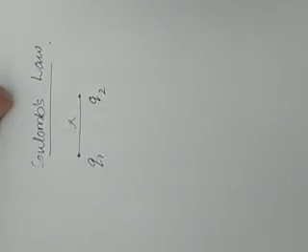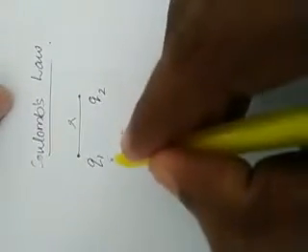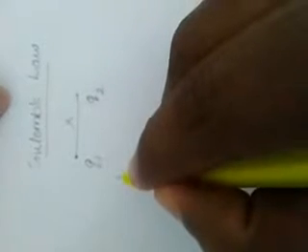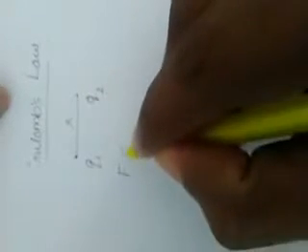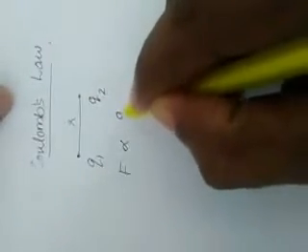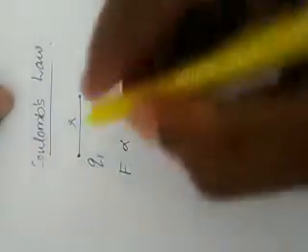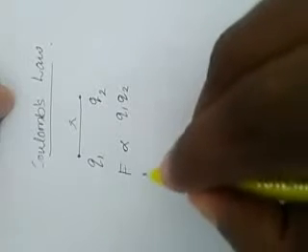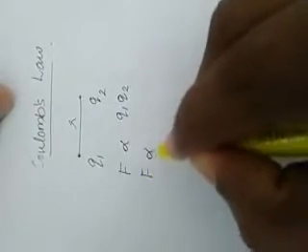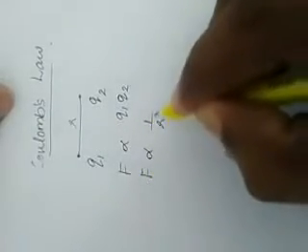Okay, so Coulomb's law states that the force of interaction between these two charges, let it be F, is directly proportional to the product of their charges Q1 and Q2, and inversely proportional to the square of the distance between them.